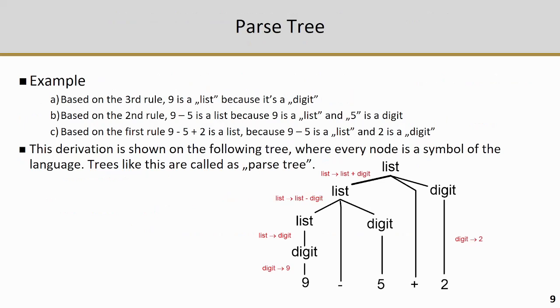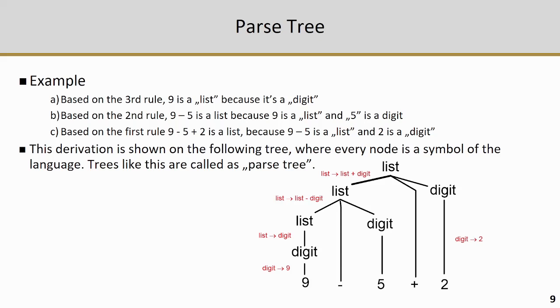According to these rules, for example, 9 is a list because it's a digit, and digit can be a list, and 9 can be a digit. And according to rule number 2, 9 minus 5 can be considered as a list, because 9 is a list and 5 is a digit, and list minus digit is considered to be a list, and so on.